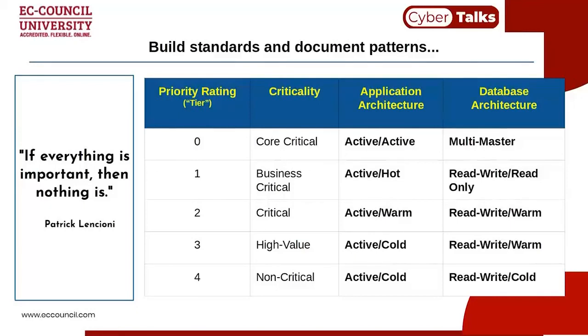However, as you move down the priority ratings, you can go, let's say, in the application space, active hot, right? So it's there, but it's not really waiting. You've got active warm, then cold, which is you actually have to go in and manually bring it up. So you save money in these instances, because maintaining active is very expensive.